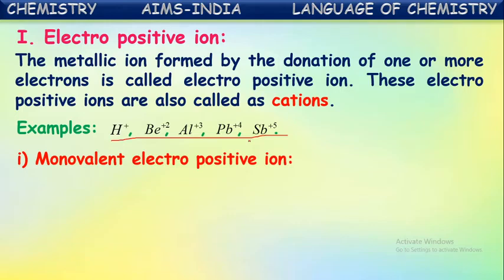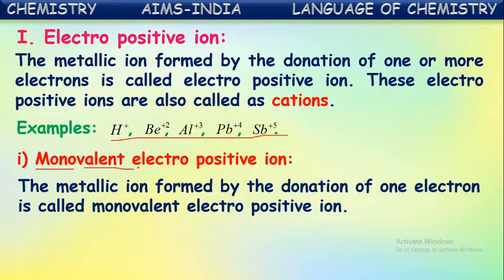One of them is monovalent electropositive ions. Mono is nothing but single. Monovalent means single valency. The metallic ions formed by the donation of one electron are called monovalent electropositive ions. That means the positive ions formed by the loss of one electron.